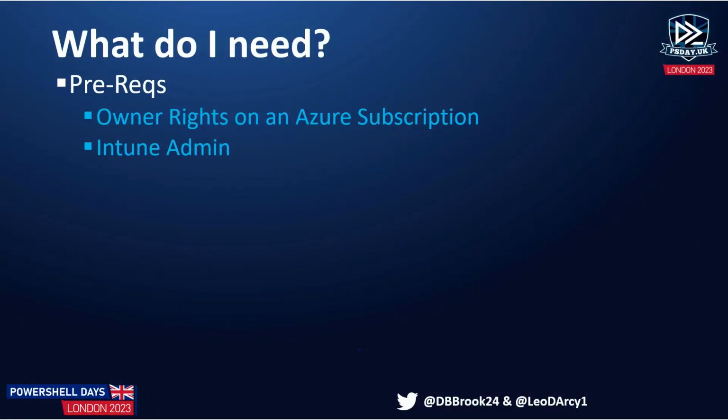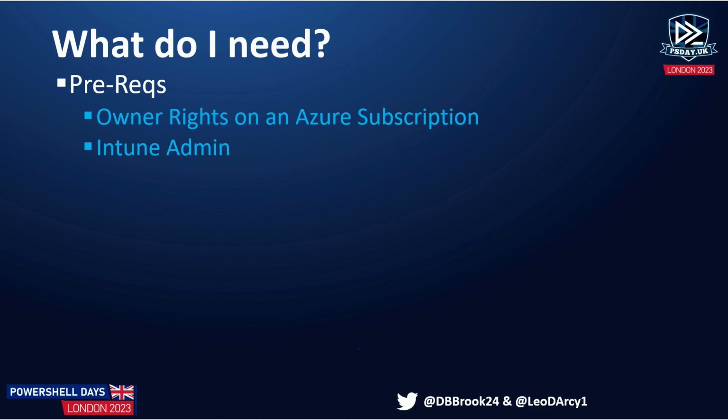So, prereqs. At least for the initial setup, you need the ownership rights on the Azure subscription. The way Azure Image Builder works is it is building out a VM in Azure, and we need to create an identity for that, and we'll show that later on. So you need to have those rights to be able to configure permissions in Azure, at least at the initial stages.